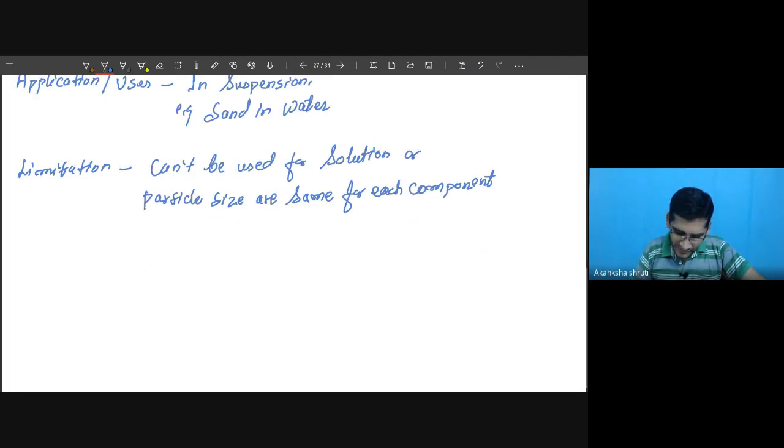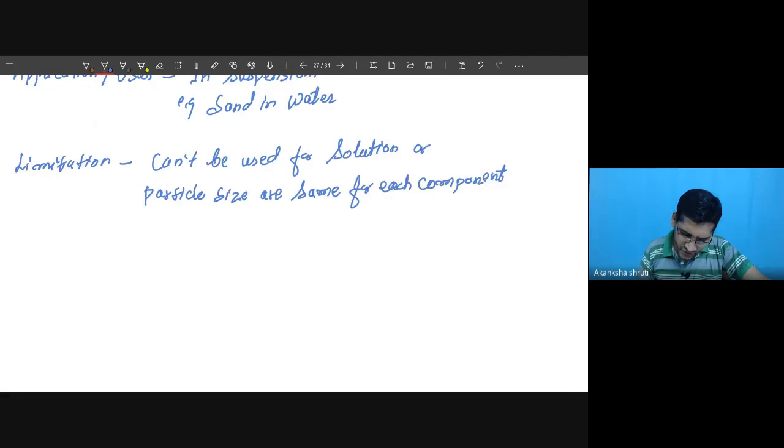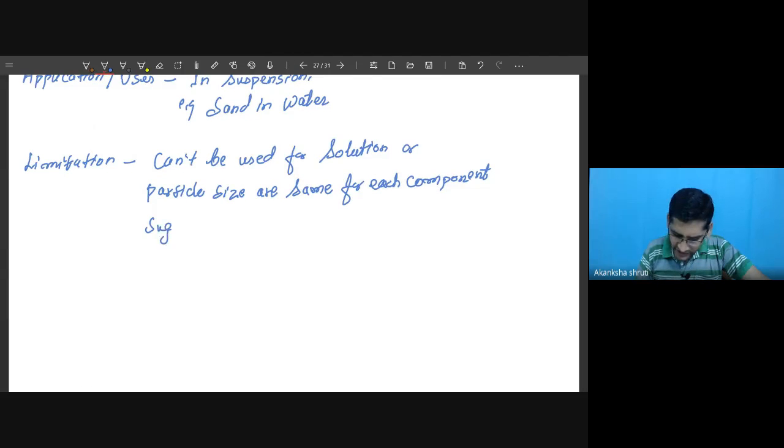Example, if you consider sugar in water, this cannot be used. Whatever the size of sugar particle, that is very small, and the sugar particle will also cross the filter paper.